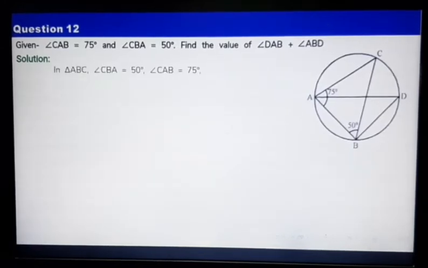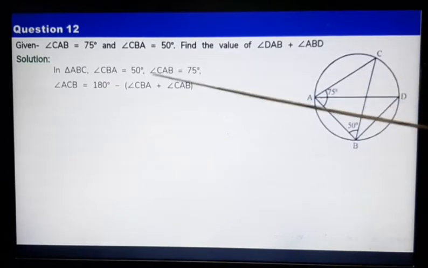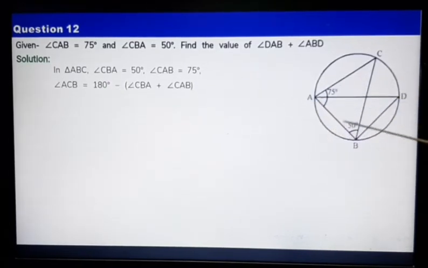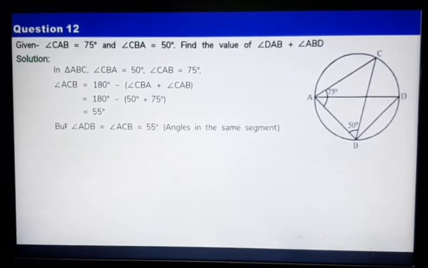So in triangle ABC, this angle will be equal to 180 degrees minus this angle minus this angle. So this turns out to be exactly 55 degrees. So this also has to be 55 degrees because they are angles in the same segment. So ADB is 55 degrees.